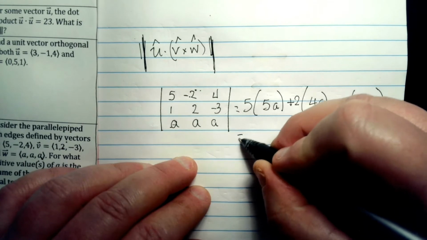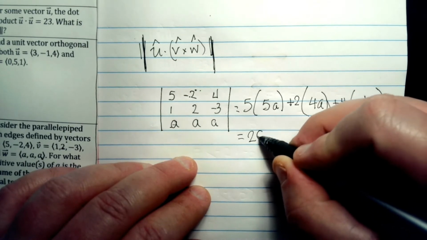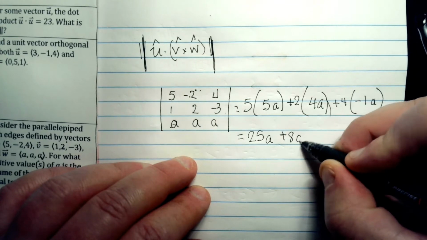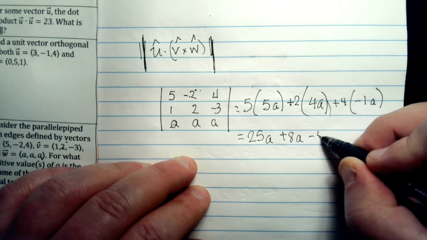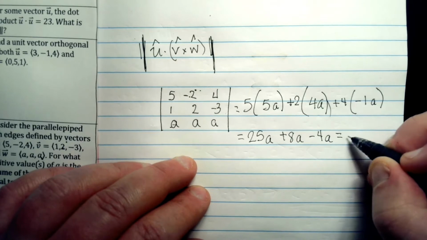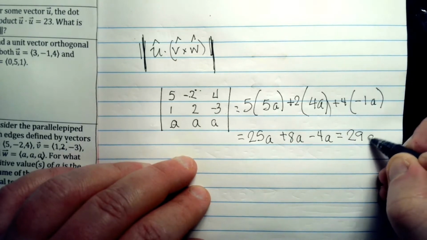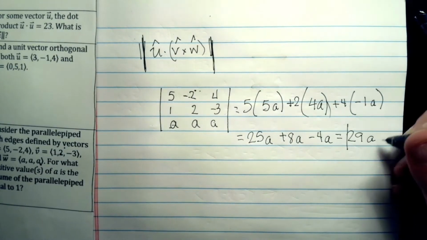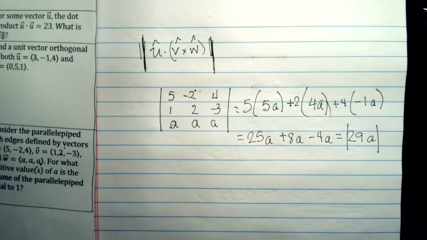So this is going to give us 25a plus 8a minus 4a, which is 29a. So the absolute value of that would be the volume of the parallelepiped that we're interested in.